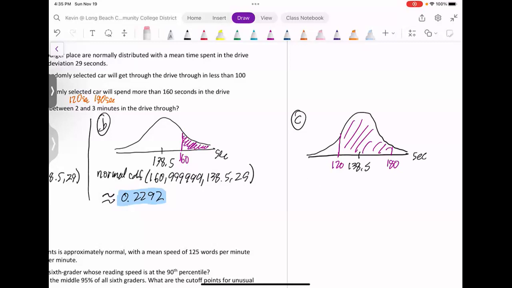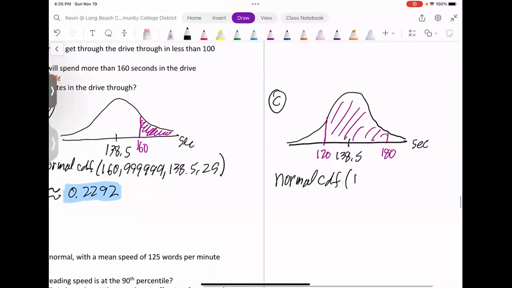It's not inverse, this is just normal CDF. And this one doesn't have an infinity. This is from 120 to 180, 138.5, and 29.